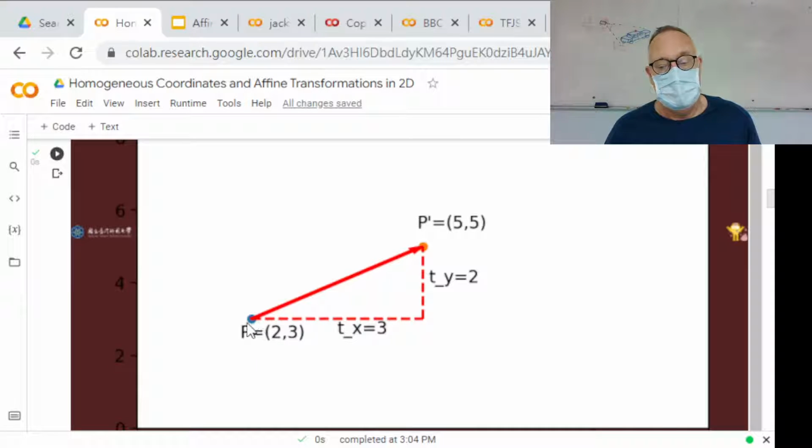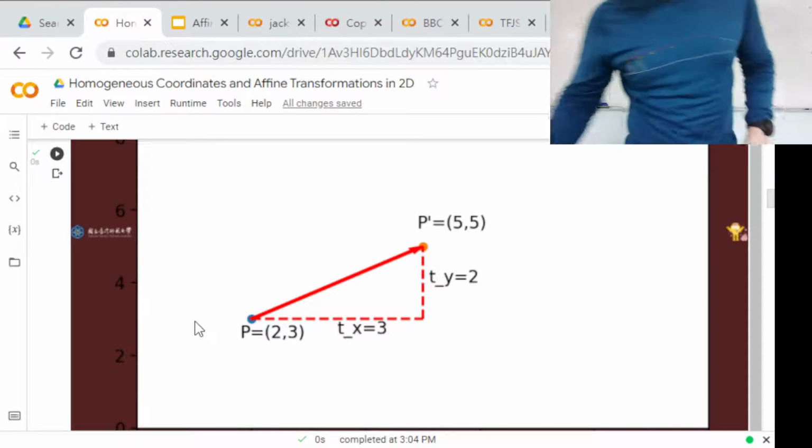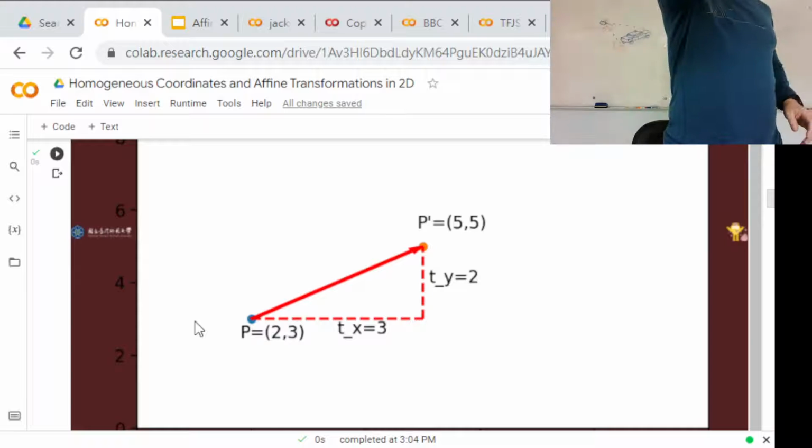Then, if the robot moves, if I have a coordinate system and here's a point, and here's my camera, right? And the point moves in X and Y direction like this, right? Then it would be Px plus Tx, plus Ty.